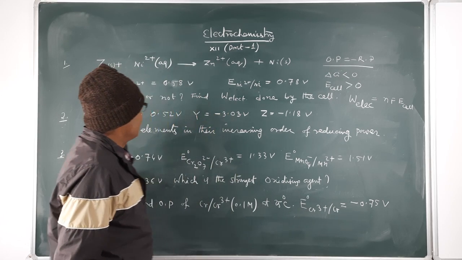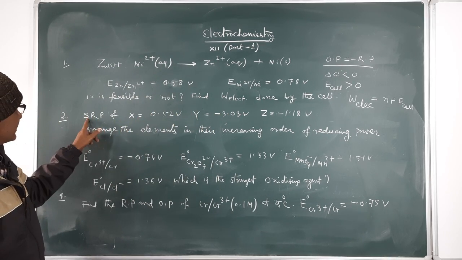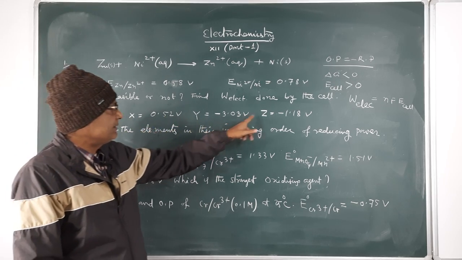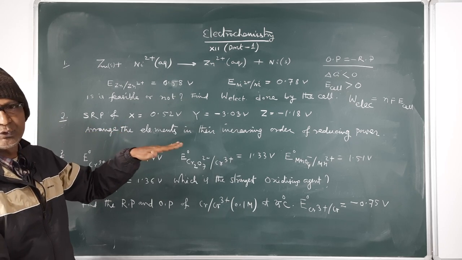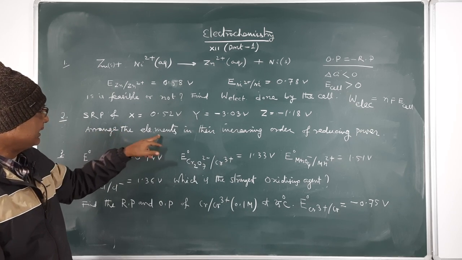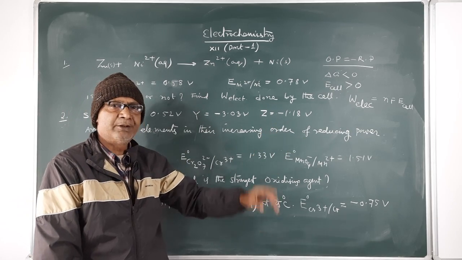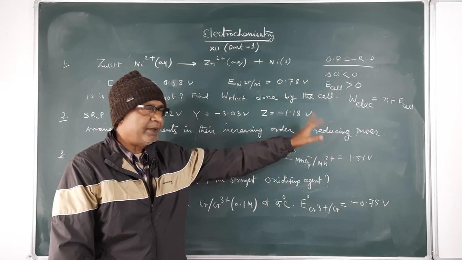Now question number 2: the SRP of X is given. SRP means standard reduction potential of X, Y and Z. These are the three SRP values given. You have to arrange the elements X, Y, Z in their increasing order of reducing power.